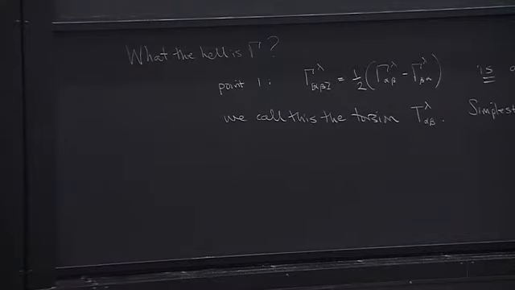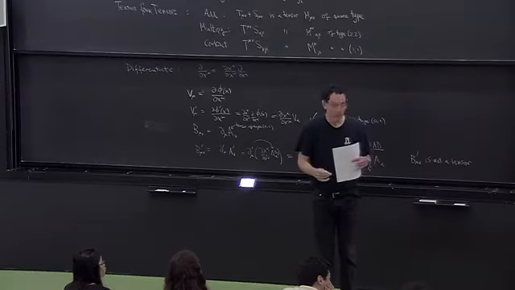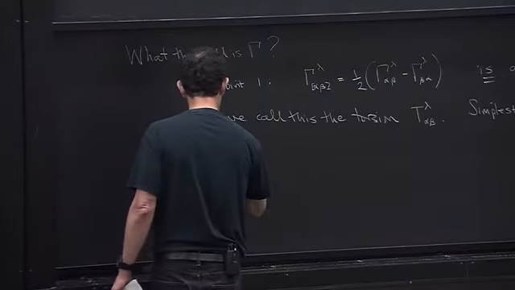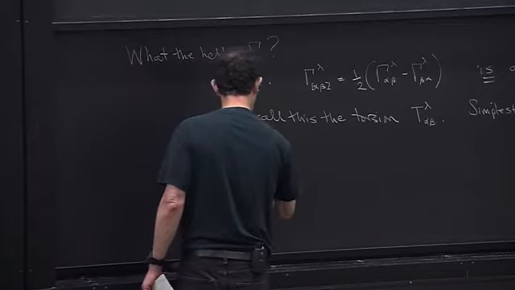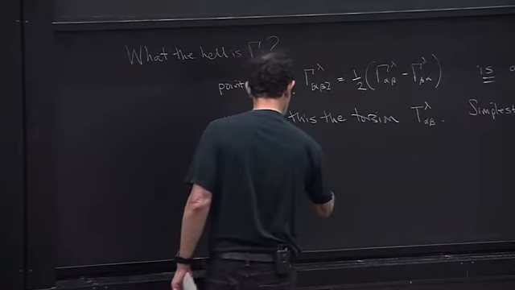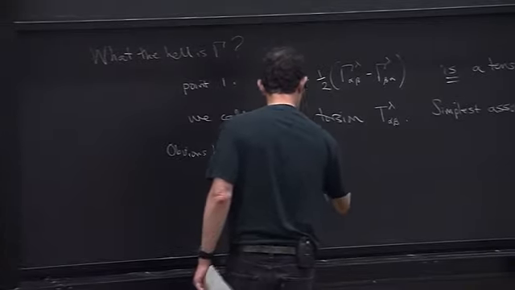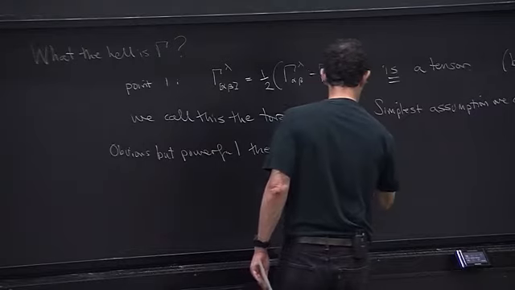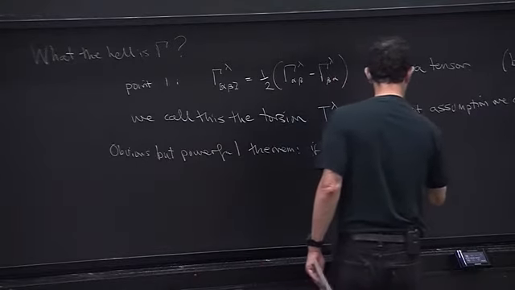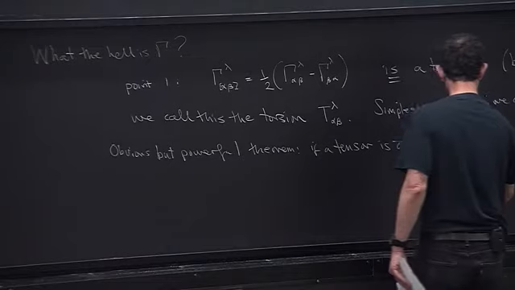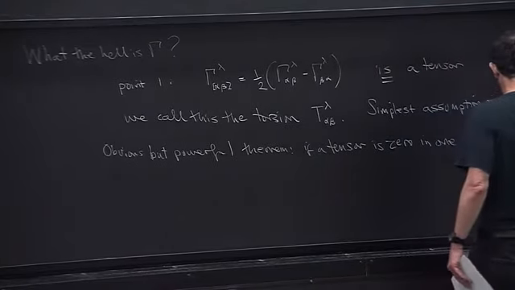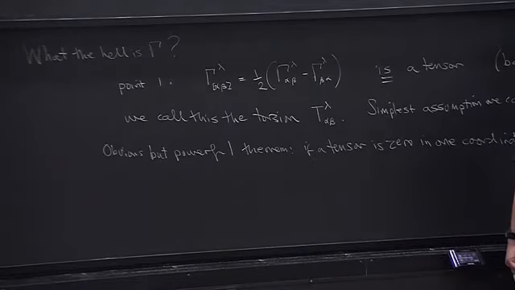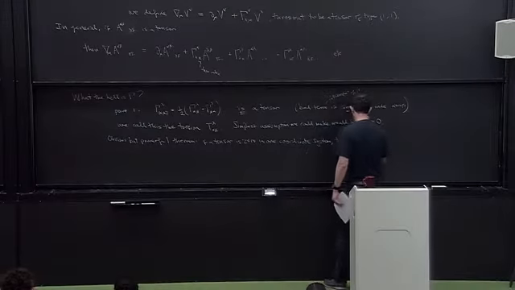It's an obvious, though very, very powerful fact, which we'll use actually many times, a theorem: if a tensor is 0 in one coordinate system, then it is 0 in all coordinate systems.